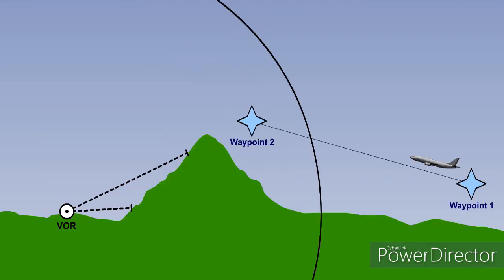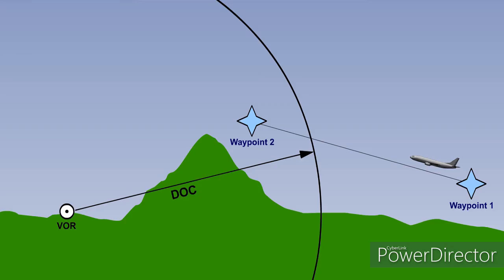Let's look at some limitations associated with a simple 2D system. Because VOR DME emissions are line of sight, a pilot must be aware of the altitude at which he chooses to fly and must consider the masking effects of any intervening features, such as mountains.